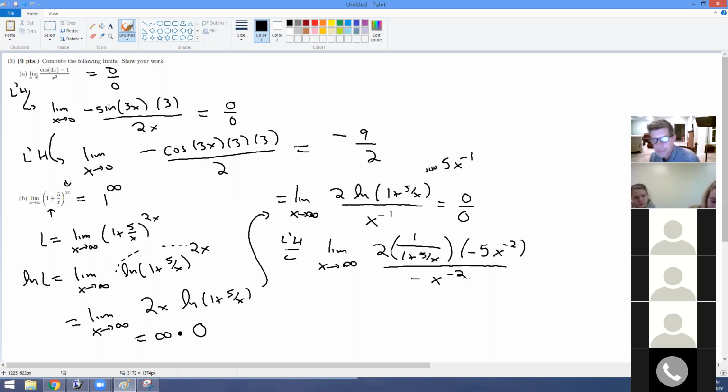Now what? Simplify. Yeah, let's cancel. We can cancel x to the negative 2. You can even cancel these minus signs. So we get the limit as x goes to infinity of 2 times blah times 5.